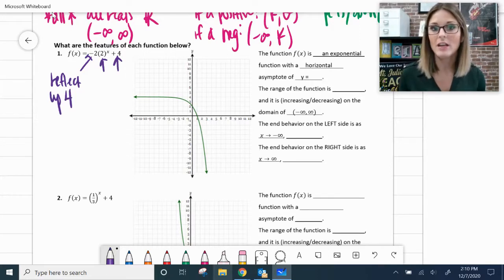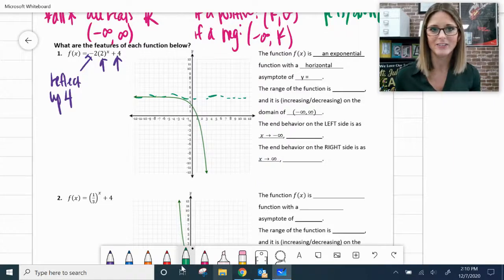So first off, your first drop-down box is the function f of x is an exponential. You have x as your exponent, exponential. It's an exponential function with a horizontal asymptote. That invisible line is right here. That's my invisible asymptote line. See, my graph gets closer and closer to it. It's wherever it levels off, if that helps you.